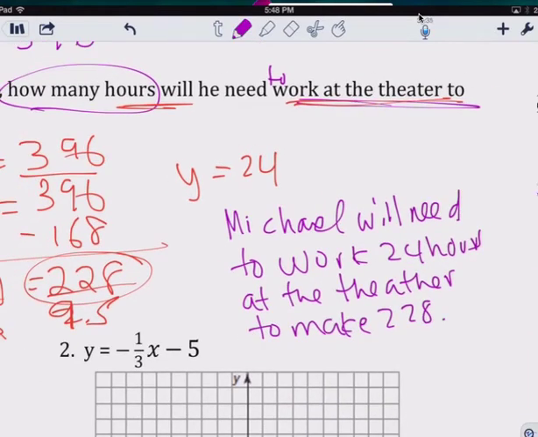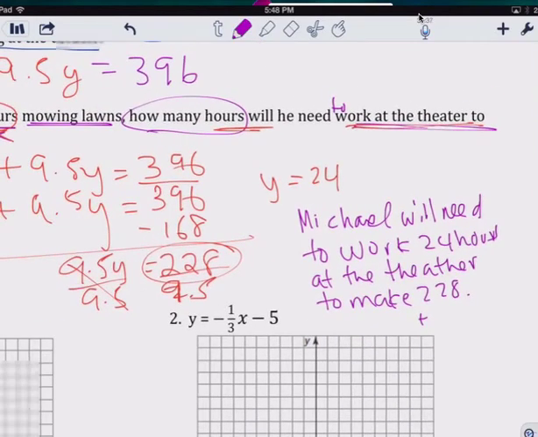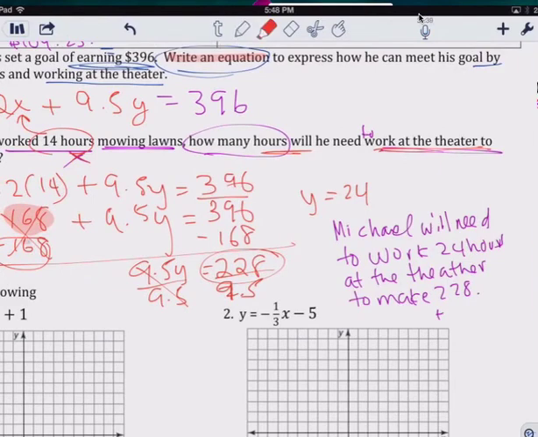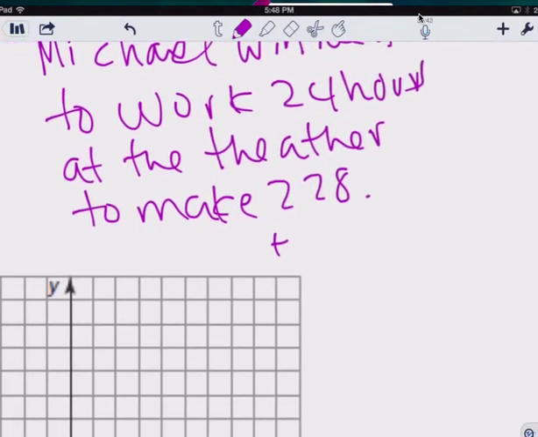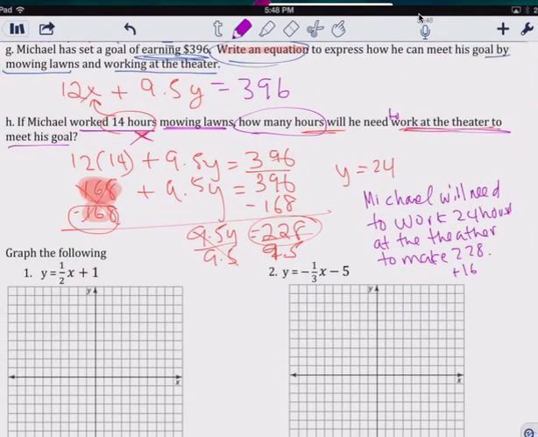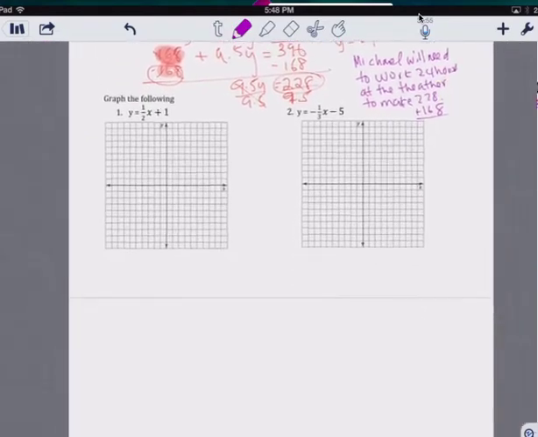When you add this $228 to the amount from mowing the lawn, $168, you get $396, which is the total he wants. That's how you do that one.